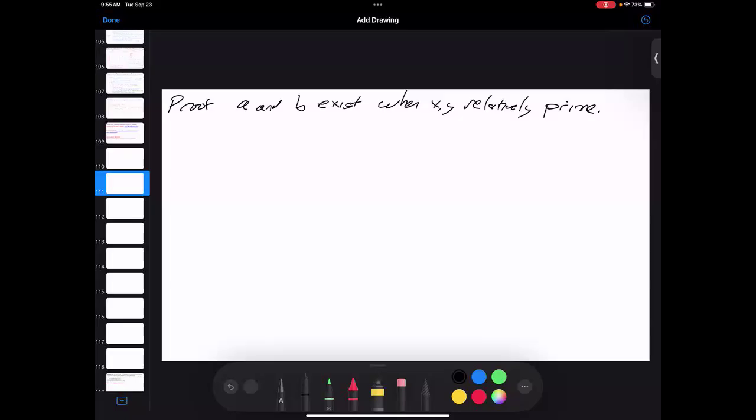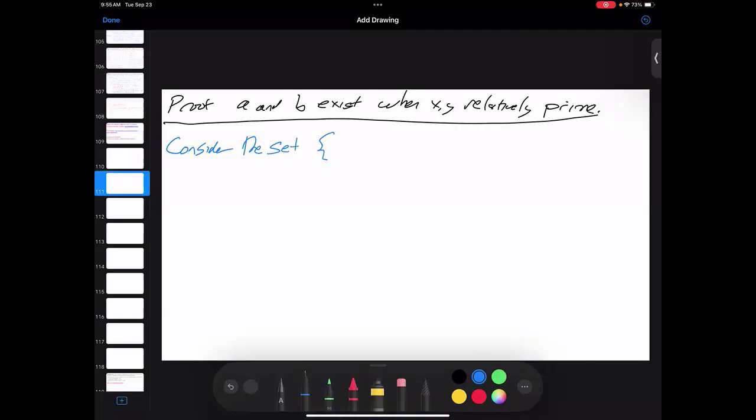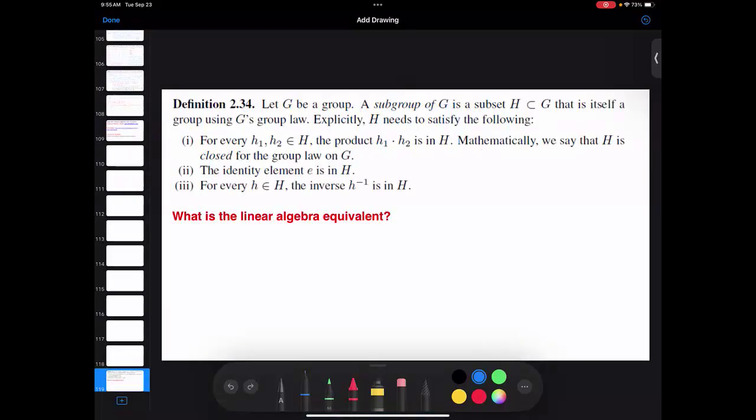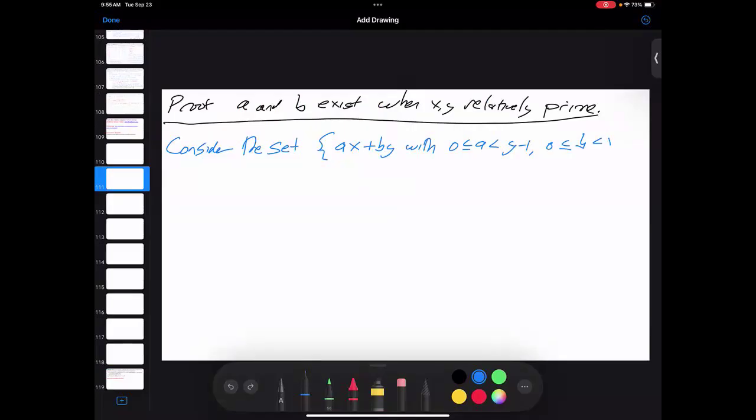And so let's do the case when X and Y are relatively prime. Okay? So let's consider the set of all things of the form AX plus BY with 0 less than or equal to A less than Y minus 1, 0 less than or equal to B less than X minus 1.